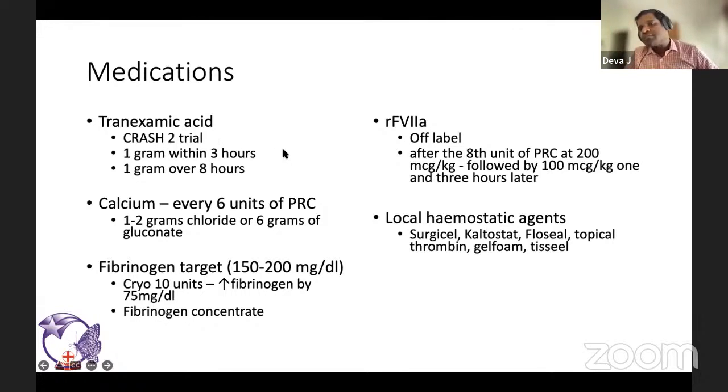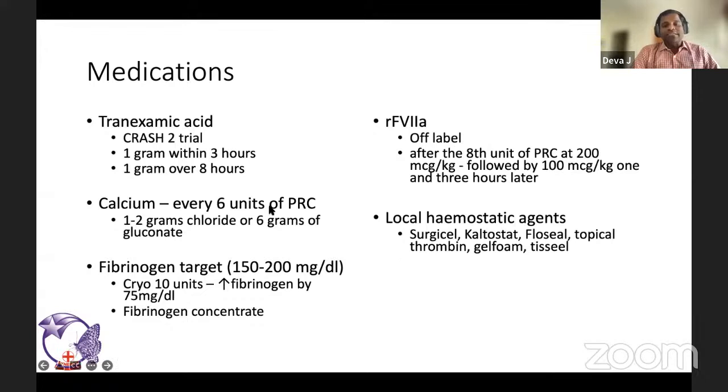If given beyond 3 hours, it increases mortality. So it's important to give it as early as possible. And you can continue the tranexamic acid as an infusion over the next 8 hours. You must administer tranexamic acid. And the trial that showed benefit was the CRASH 2 trial. If you're interested, you can read about it.